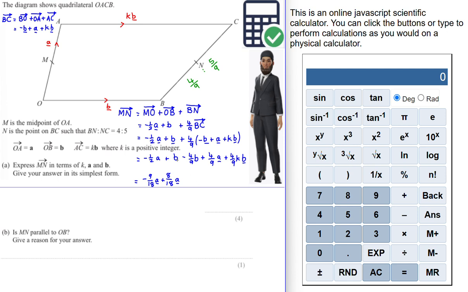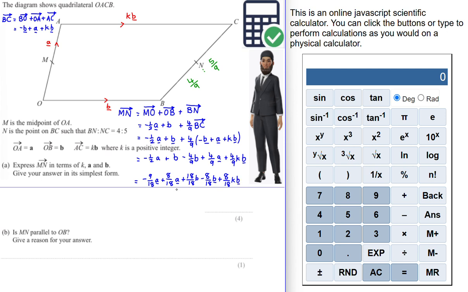Let's have a look at the b's. We should make them the same denominators as well, so that's going to be 18 over 18 b, minus 8 over 18 b, and one more term: double the denominator and double the numerator, plus 8 over 18 kb.